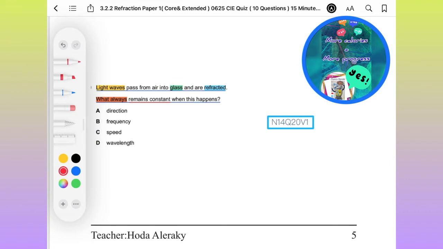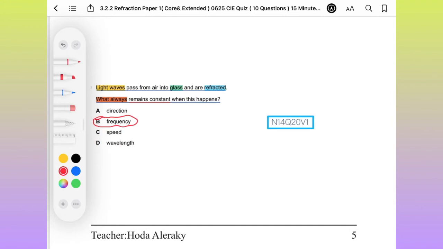Some features are changed and some features are kept constant. What are the features which are kept constant? The frequency, only the frequency. What features are changing? We have speed and wavelength and direction as well, if the light ray is not along the normal.